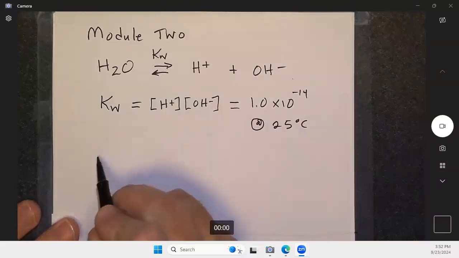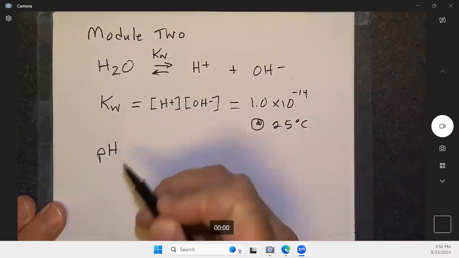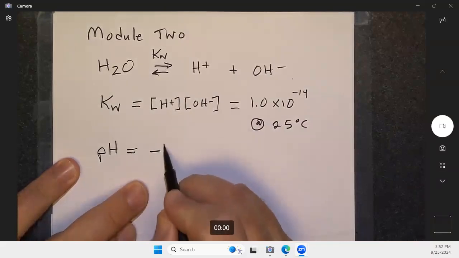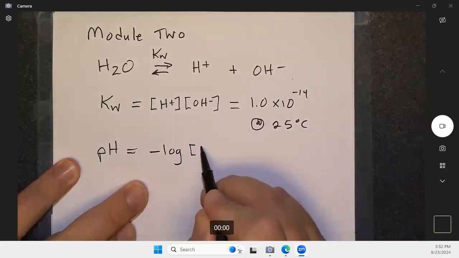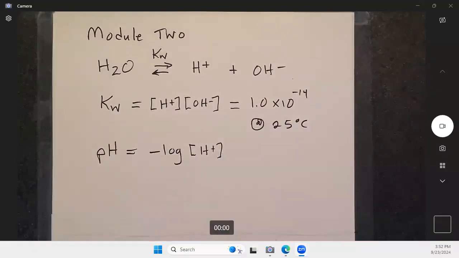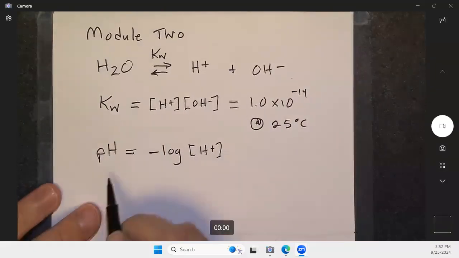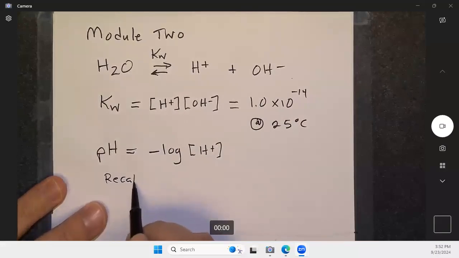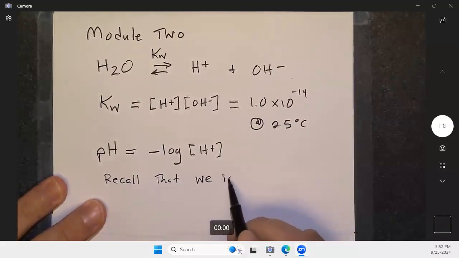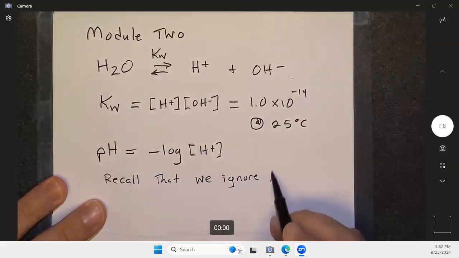We also know that we have an expression for pH, and pH is equal to the negative log of the hydrogen ion concentration. And recall that we ignore activity.